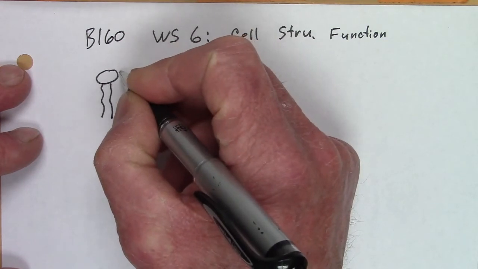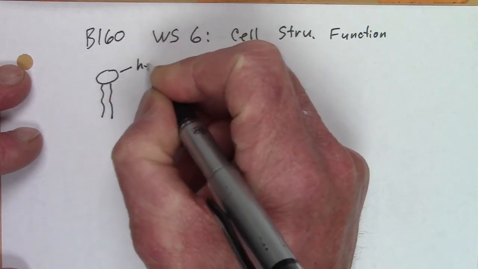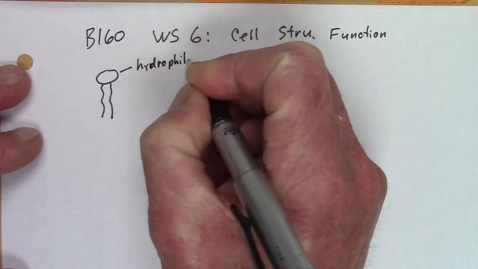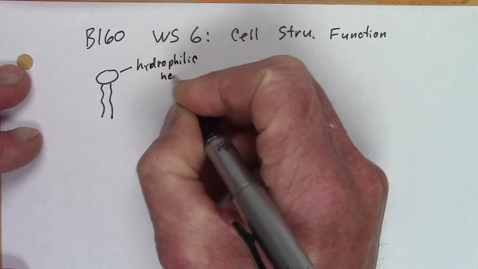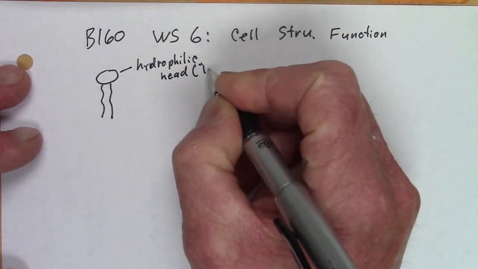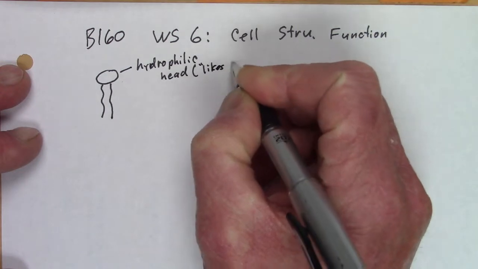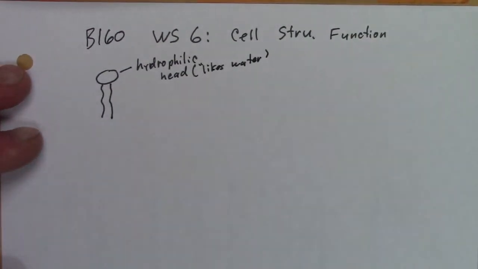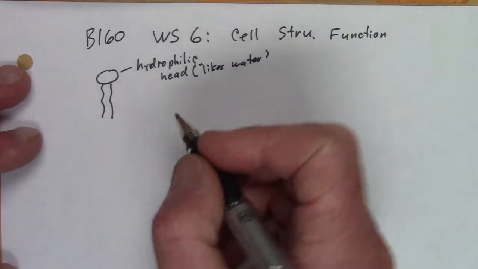So this part is the hydrophilic head that interacts well with water. It likes, put likes in quotes, likes water. Now that's what philia is, likes it, and it likes water.